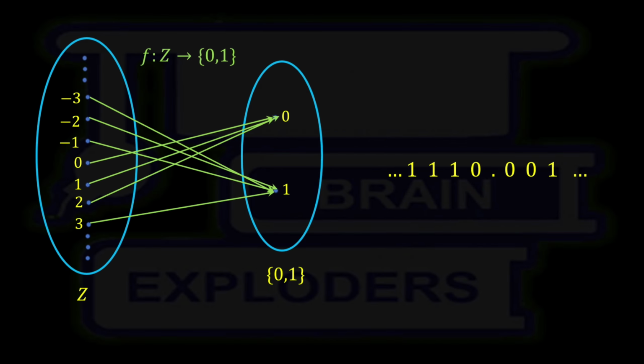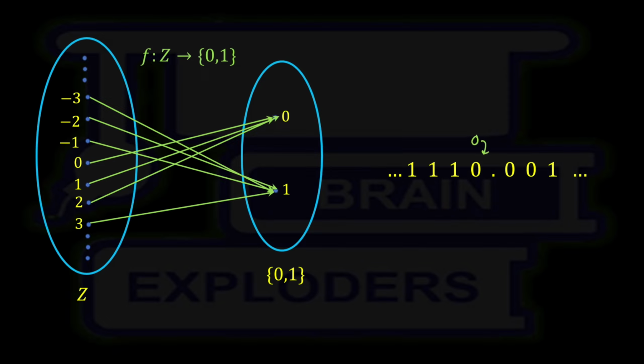In a similar way, if we have a function from integers to 0, 1, I'm sorry, I was saying natural numbers, but we are defining a function from integers to 0, 1. So if we have a function from integers to 0, 1, we can make a binary number with the help of this, right? Suppose here 0 is connected to 0, so on the place 0, before the decimal, we have 0.